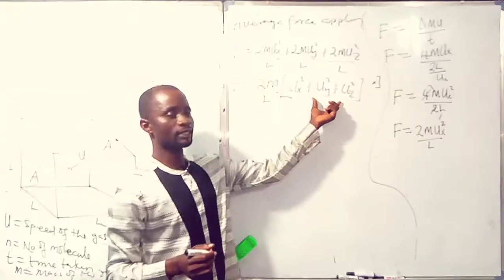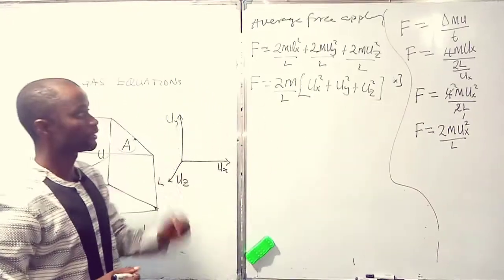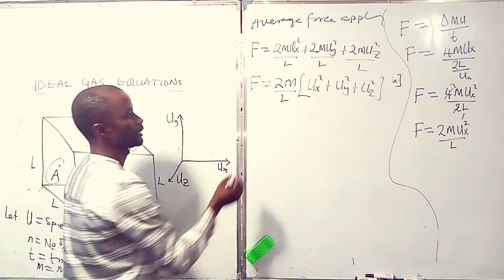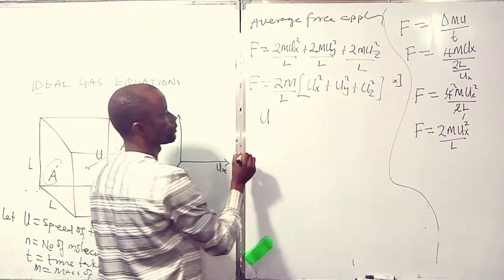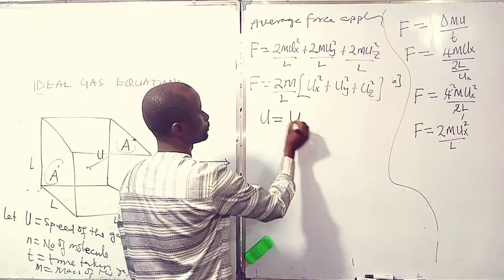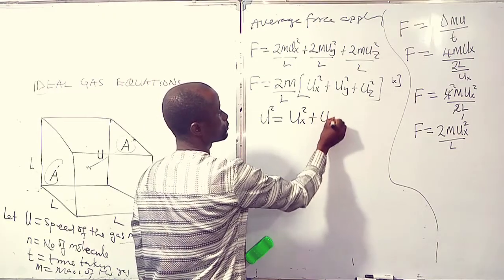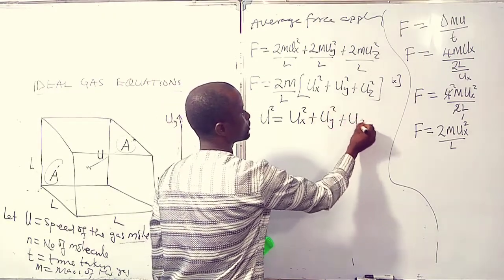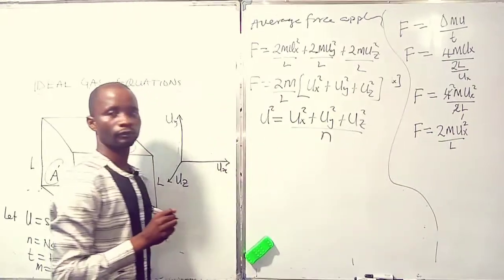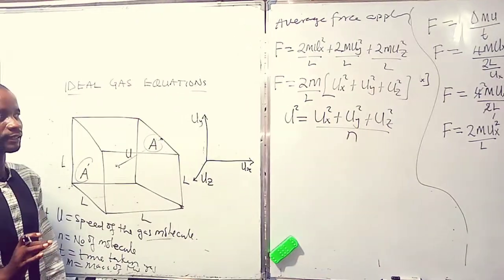Now, let's find the average. When you resolve this, let's find the average velocity of the movement of the gas molecule in terms of N molecules. Therefore, u squared will be equal to ux squared plus uy squared plus uz squared, all over the number of molecules, that is, the number of molecules of the gas that are present in the cylinder.